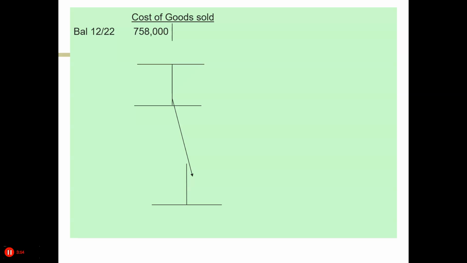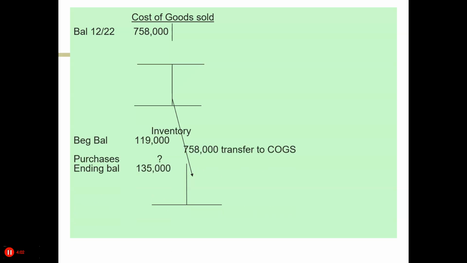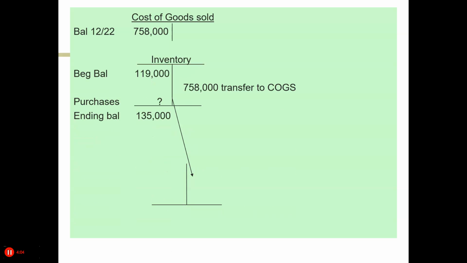So what I would do is fill in the information provided. Now I know for cost of goods sold, I booked $758,000. Now, here's the thing. If I booked $758,000, it means that I actually credited inventory to get that amount.